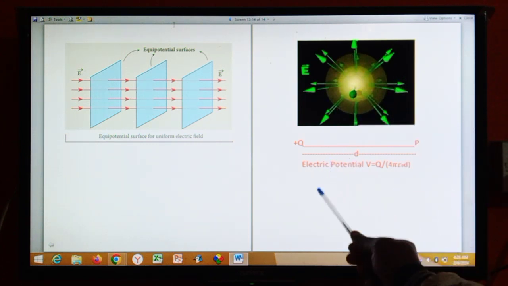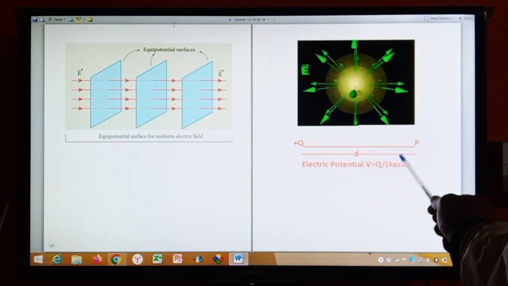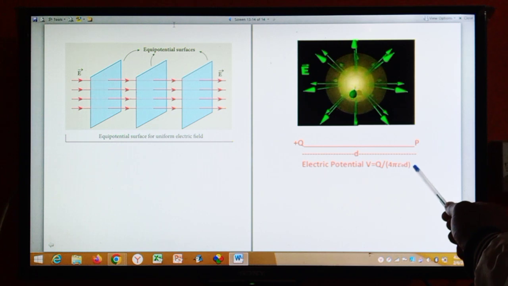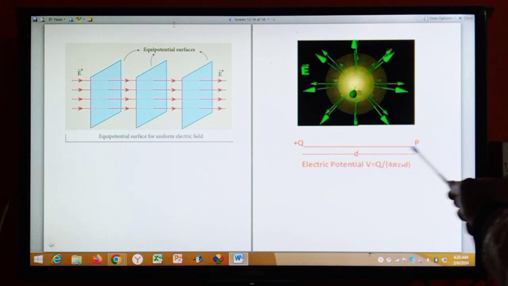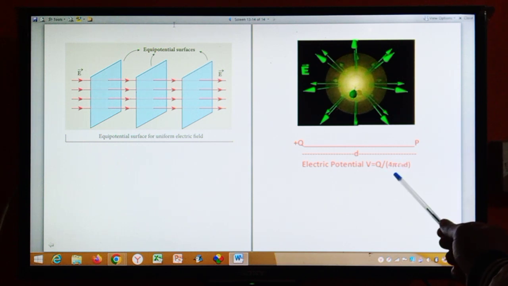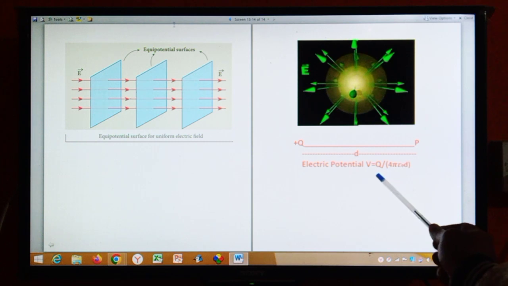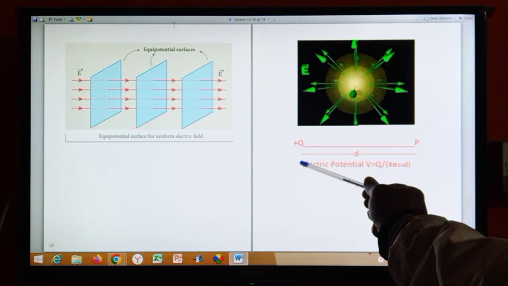Now what's the mathematical expression of electric potential? That is V is equal to Q upon 4 pi epsilon naught d, where d is the distance. As we have discussed, for both electric field and electric potential we are supposed to have some charge.